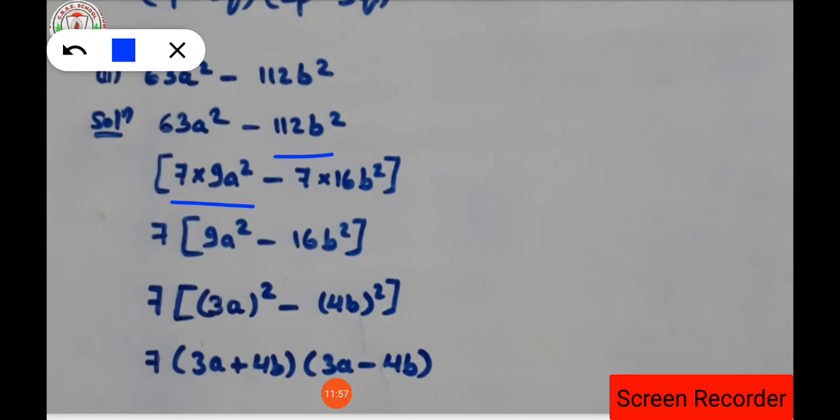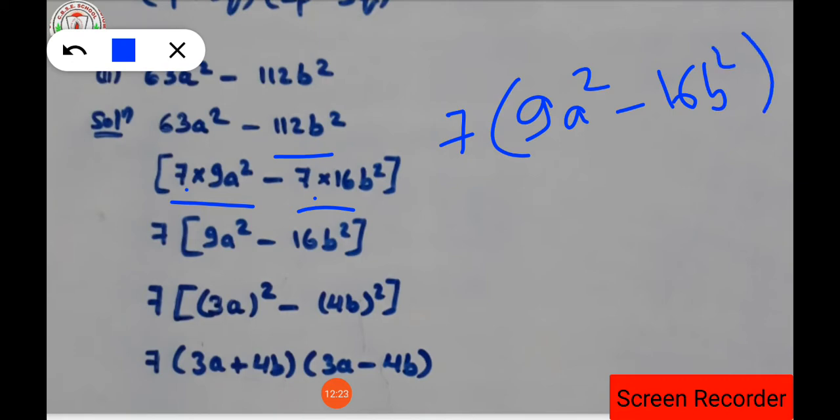Then 112 can be written as 7 into 16, because 7 sixteens are 112. Why are we writing this? Because from 63 and 112 we have to take the common factor. Here 7 is present and here also 7 is present, so we can take the common 7. Taking common 7, what is left out? 9a square minus 16b square is left out.